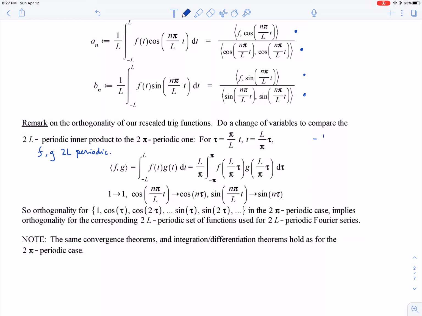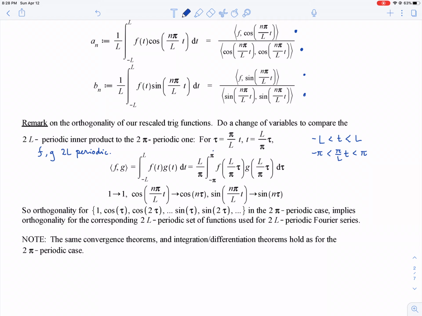So as t goes from minus L to L, pi over LT will go from minus pi to pi. So let's change variables.